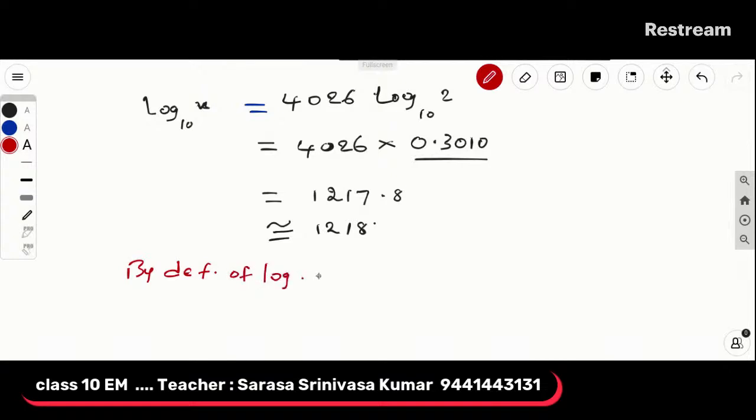Now, by definition of logarithm, a to the power of x equal to n implies and is implied by x equal to log n base a.